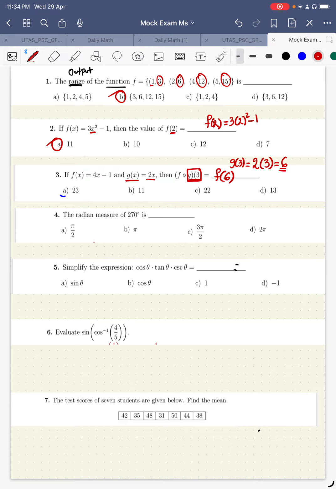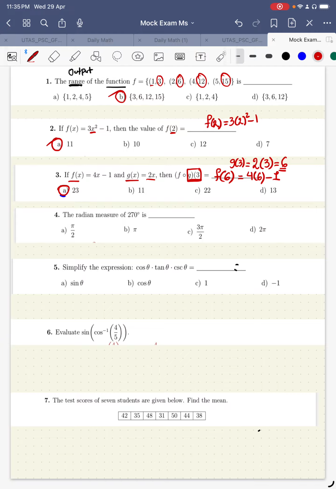How am I going to find f of 6? I'm going to go back to the f function and replace every single x with a 6. So I'm going to have 4 times 6 minus 1, which gives me 23, if I use the calculator, of course.